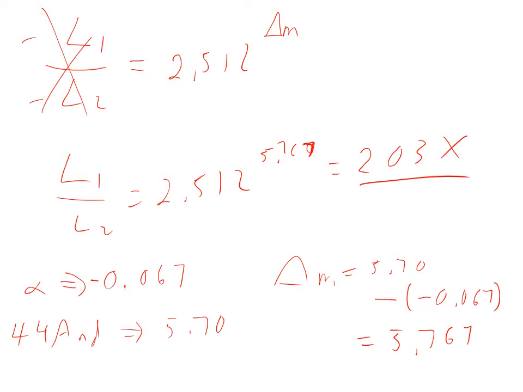Now, how do I know I did 5.70 minus that negative number? Why did I not do this minus that? Well, if I did this minus that, the answer would have been negative. And if the answer is negative, it's wrong. It has to be a positive number.